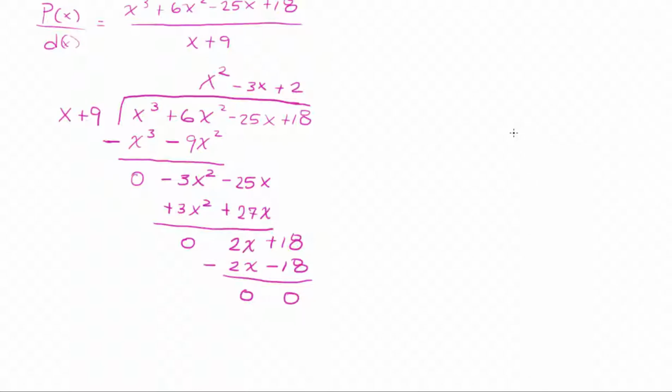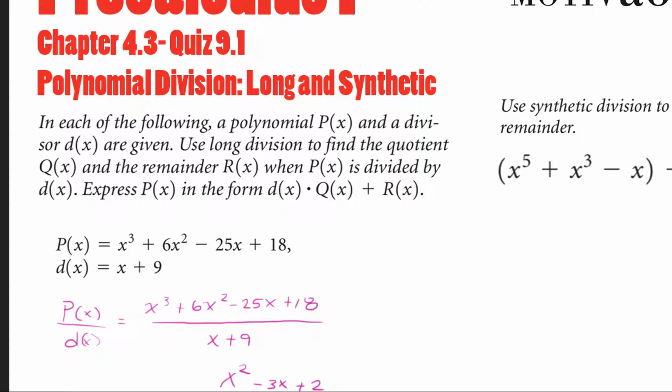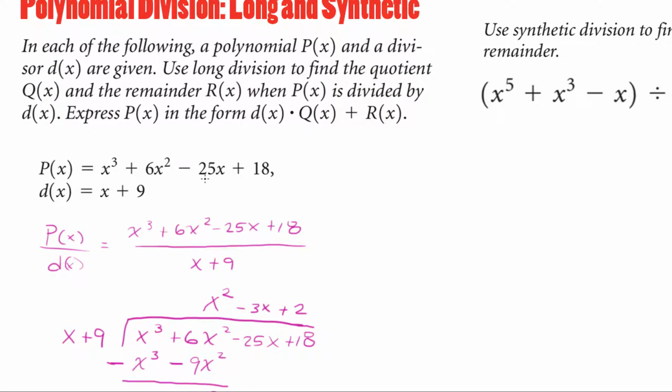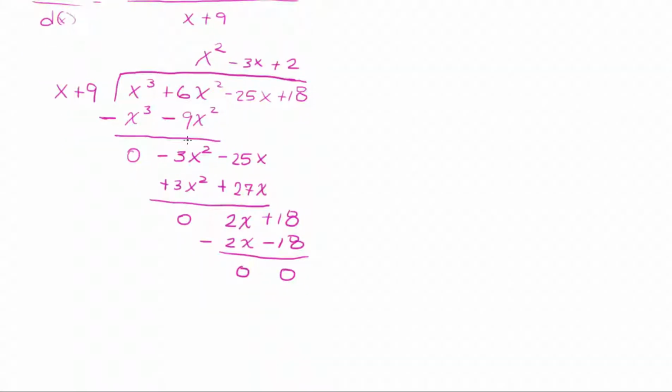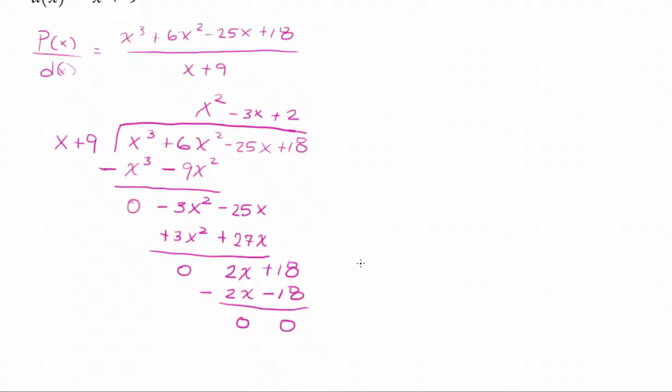Now what does that mean in terms of the question? It says use long division to find the quotient and the remainder. It's remainder 0.